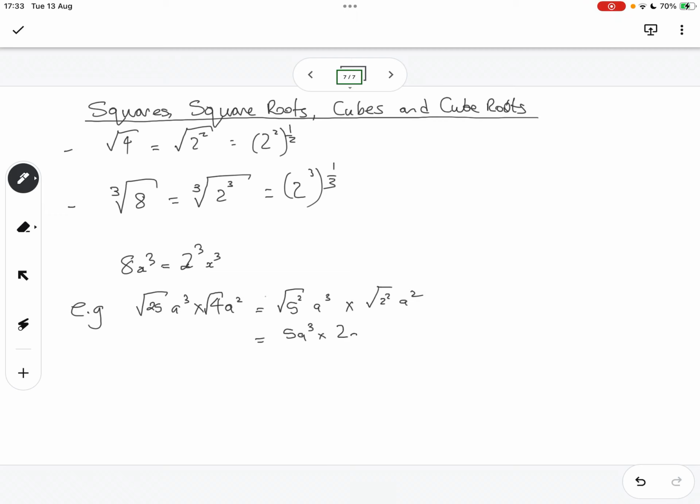Then this gives us 5a cubed times 2a squared. Now, since we've got a times a with different exponents, we can simply add the exponents and multiply the coefficients, and this gives us 10a to the power 5.